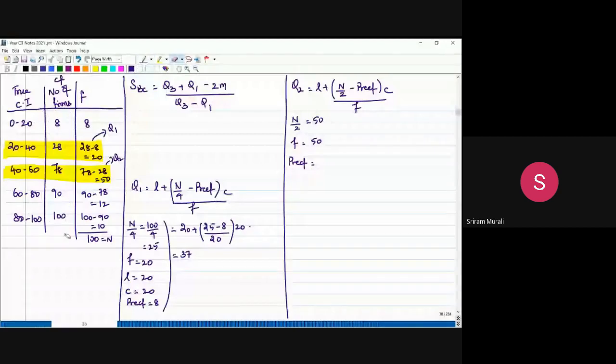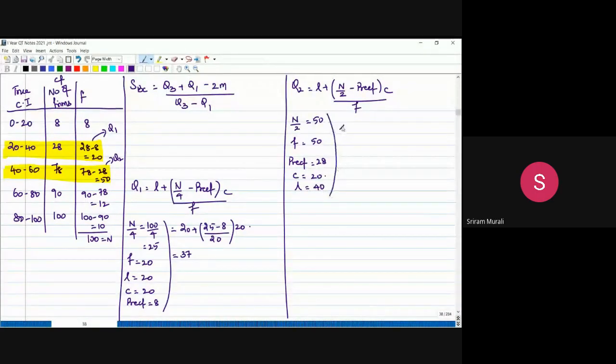Where have I gone wrong? Next one, n by 2 is 50. F is 50. Pre-CF should be 28. Am I right? PCF is 28. What is C? 20. What is L? L is 40.